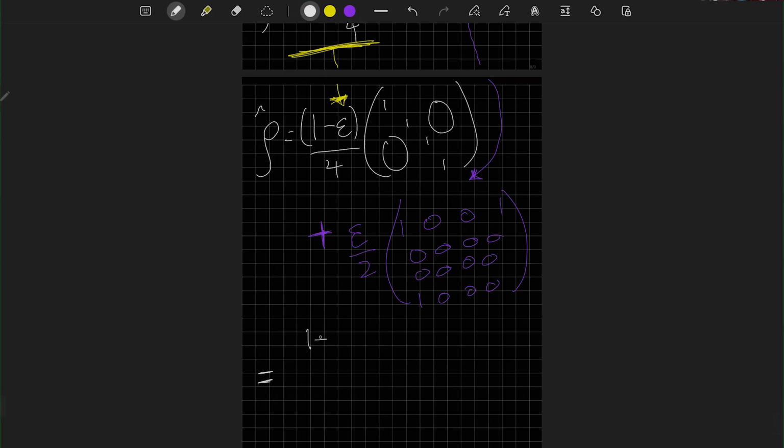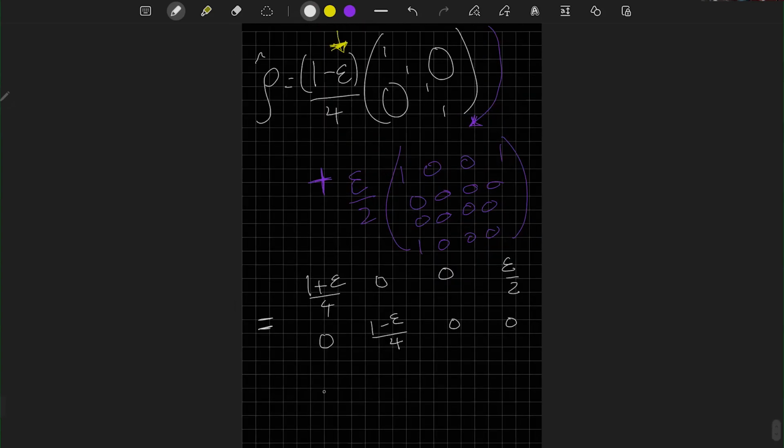So it's 1 plus epsilon over 4, 0, 0, epsilon over 2, 0, 1 minus epsilon over 4, 0, 0, 0, 0, 1 minus epsilon over 4, 0, epsilon over 2, 0, 0, plus. Okay. So this is the density operator for this state rho.